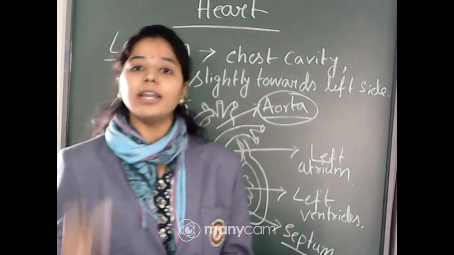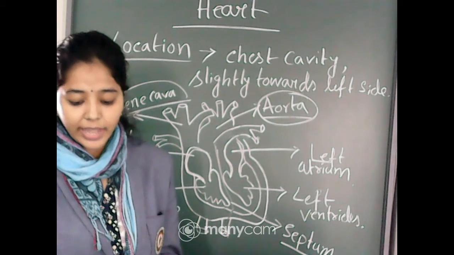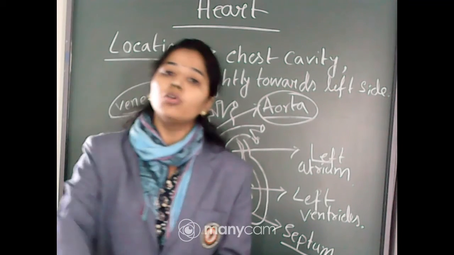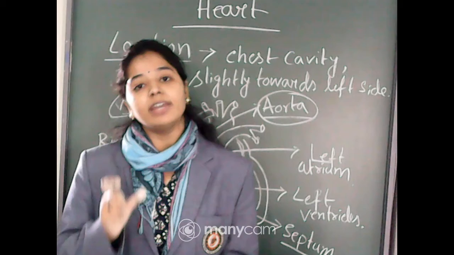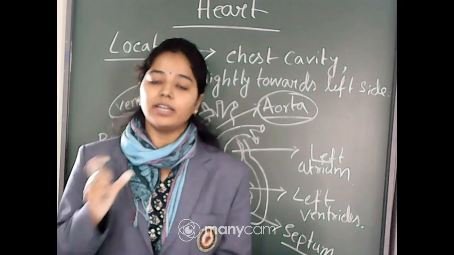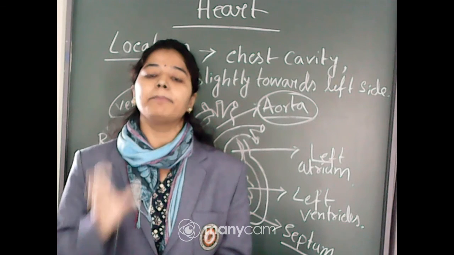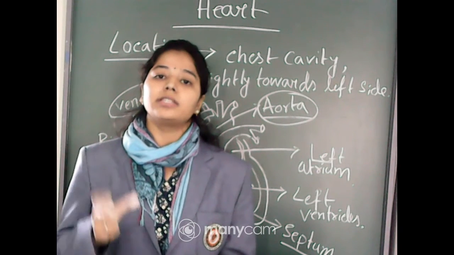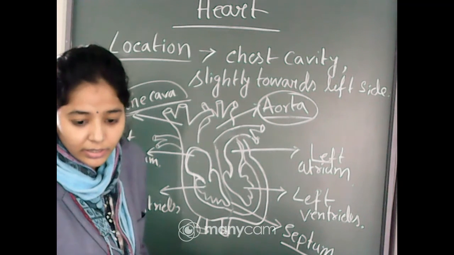And what does the inferior vena cava do? It carries blood to the heart from the lower portion of our body. Understand everyone? These are two types of vena cava, but the vena cava is the major vein, the largest vein present in our body. Understood everyone?